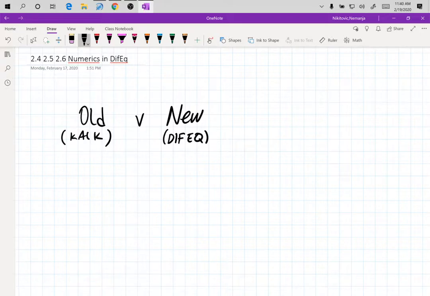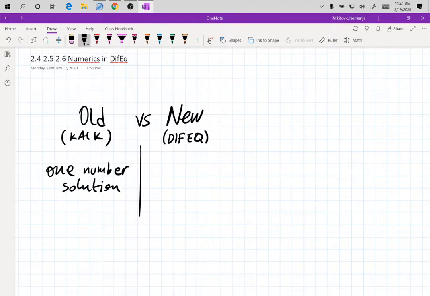So old was one number solution, improved with repeated calculations.